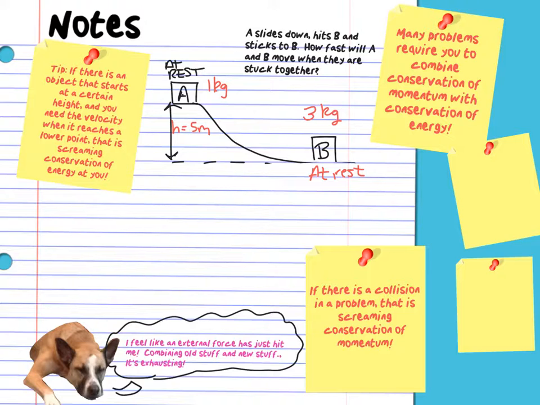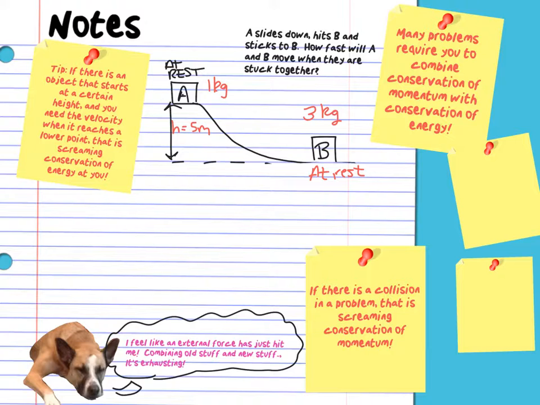If you ever have an object that starts at a certain height and they want to find the velocity after it has slid down or fallen or whatever, you're going to use conservation of energy. Most likely, if there's a collision, you're going to use conservation of momentum. If there is both, as the problem that you can see right here, you're going to use both.